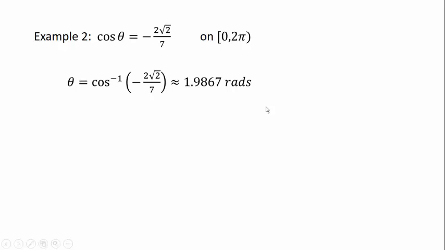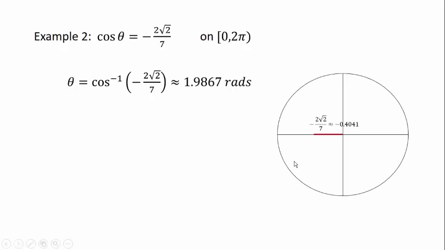So we need to see what that looks like on the unit circle, because right now, just looking at that value, it's hard to imagine where that lies. The easiest thing to do is to look at this value for the output of cosine, pop that in the calculator, and I get negative 0.4041.